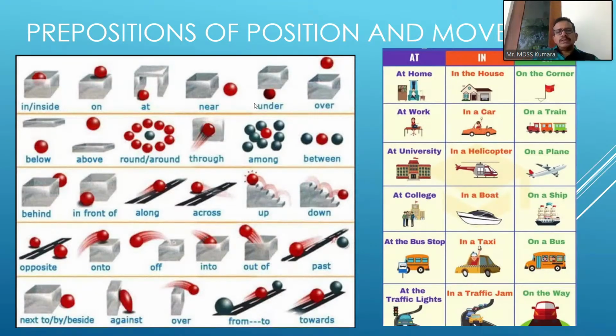For example, with the noun home, the preposition we use is at. So we say we are at home. But with the noun house, we don't say at the house. We say in the house.